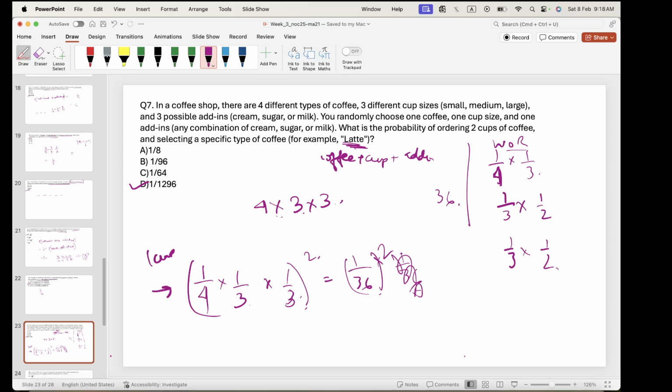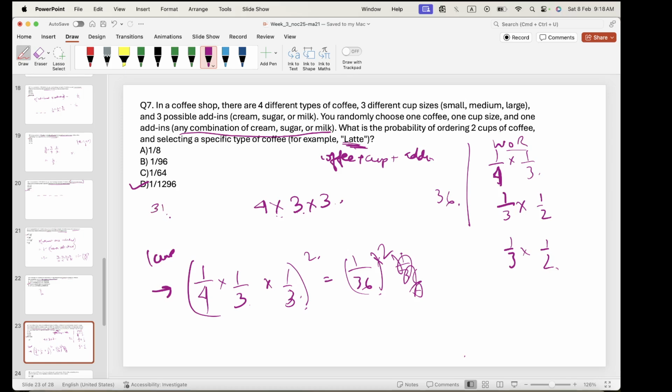So here there could be a possible confusion, because an add-in is any combination of cream, milk or sugar. So all possible combinations of cream, milk and sugar is actually 3 factorial.